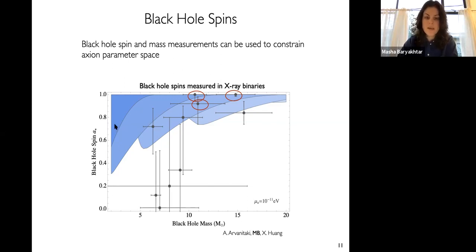So here I'm showing the data with error bars in these observations, and the blue regions are the regions where, if this particle existed, you would have expected the black hole to superradiate and spin down to the bottom of these curves. So these red points are already disfavoring the existence of a particle of a mass of 10 to the minus 11 eV.